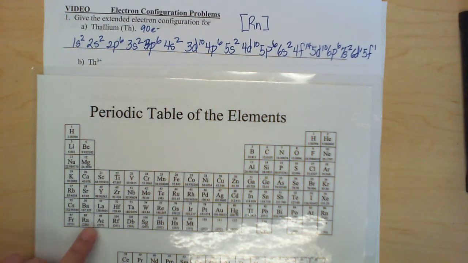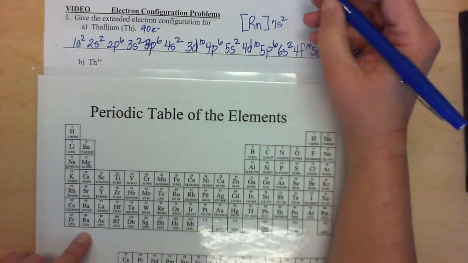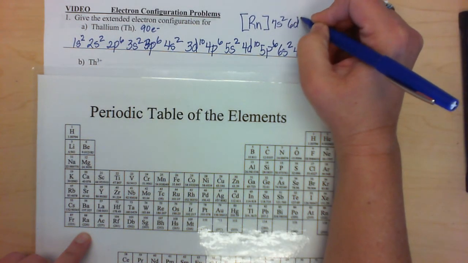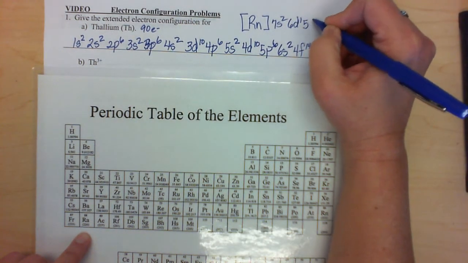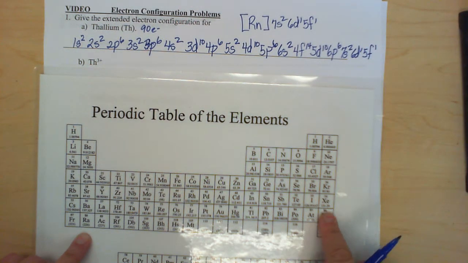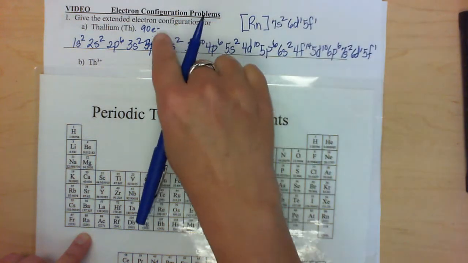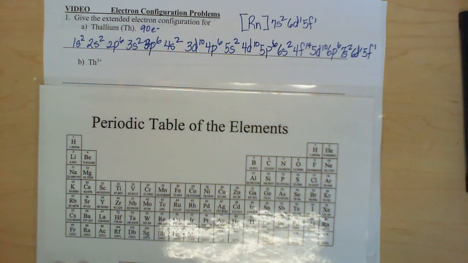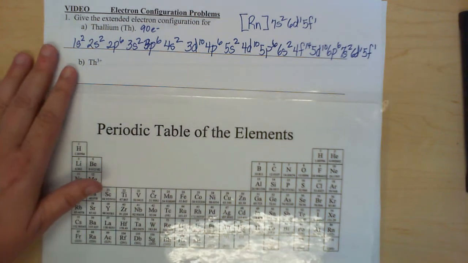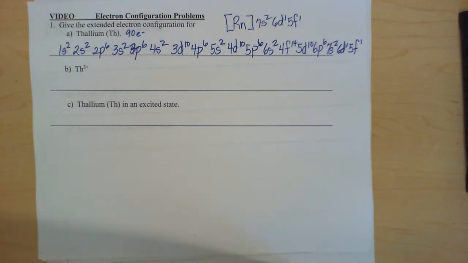And then we have the 7s2, 6d1, 5f1. And we can always double check it. Radon has 86 electrons, so that's 88, 89, 90. That matches our electrons there. Okay, so that's how we do both the extended and the shorthand.